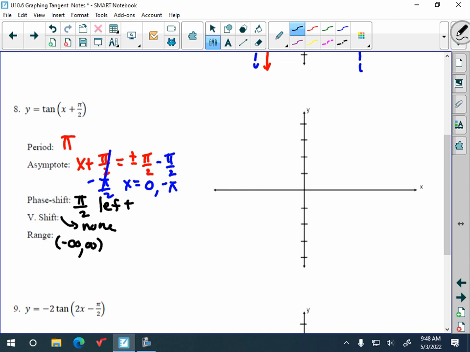All right, so now let's go ahead and graph this. We have an asymptote at 0, so that's right on the y-axis. And then we have another one at negative pi. So what we're going to do is go 4 tick marks to the left. That fourth one, you're going to put negative pi.